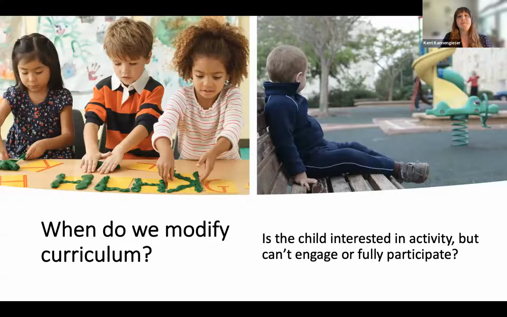So we're really thinking about what's happening, and are there things that we can do to just modify or change that curriculum or that environment so that the kiddos can engage and fully participate. And I'm going to pass it to Kate to share some of these examples of curriculum modifications within the different types.